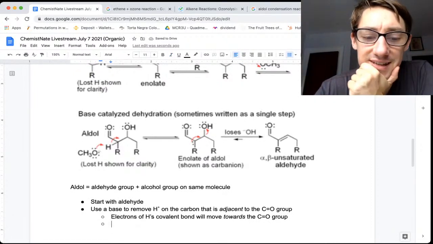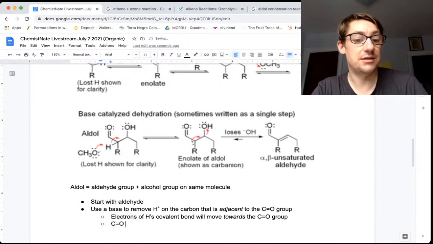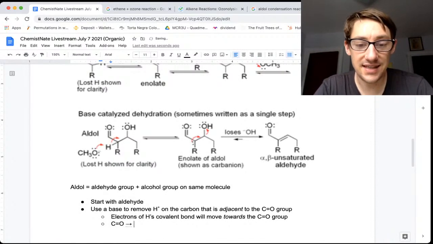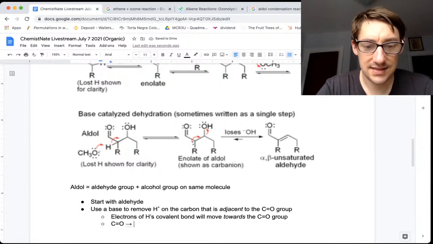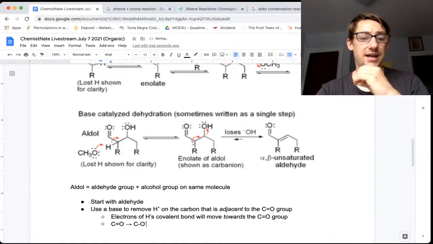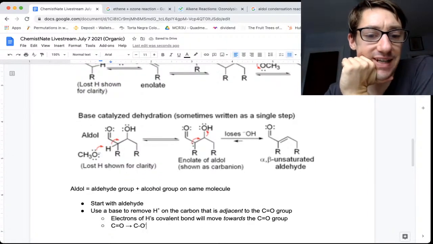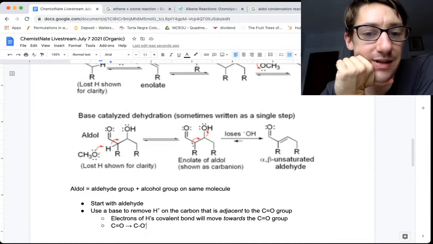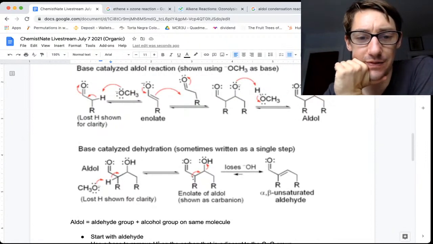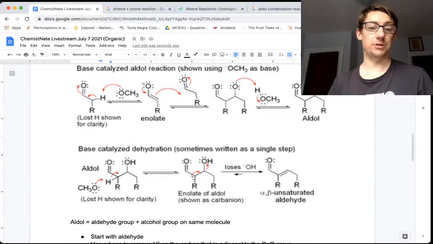And like we saw in the last reaction, CO is going to become C single bonded to O, and that O is going to end up with a minus charge. O is useful for that in that it can accommodate 3 lone pairs of electrons with 1 covalent bond. It ends up with a minus formal charge.